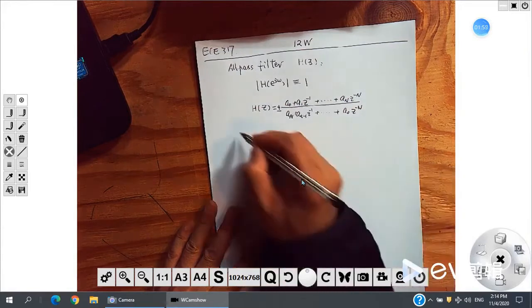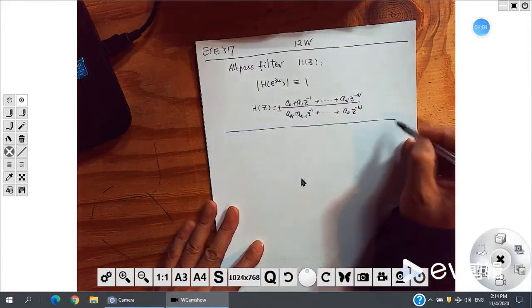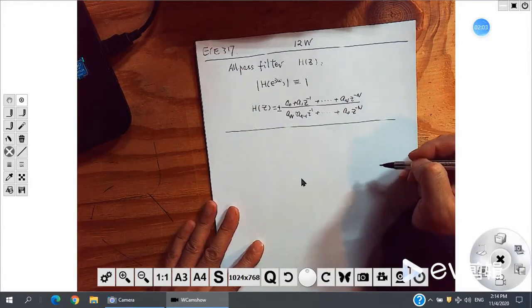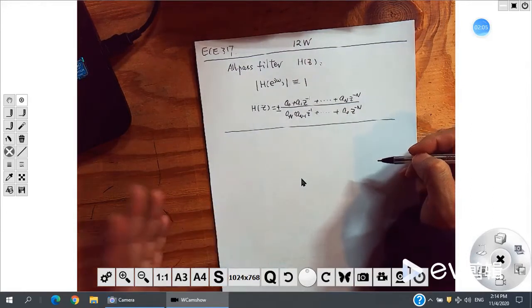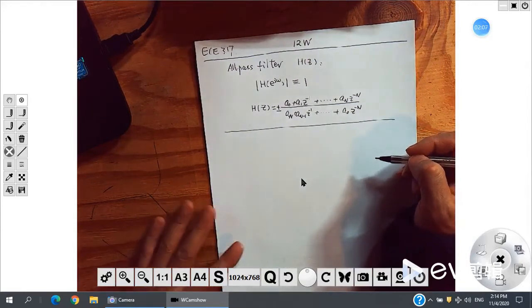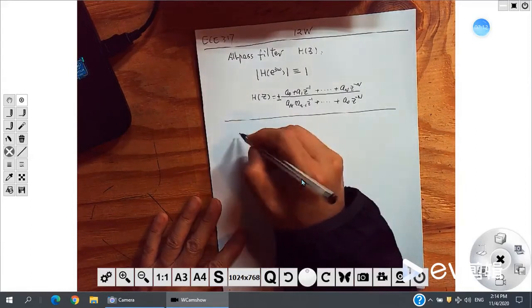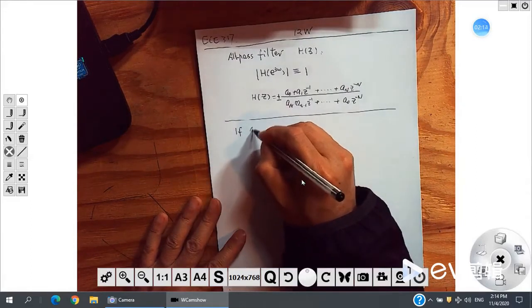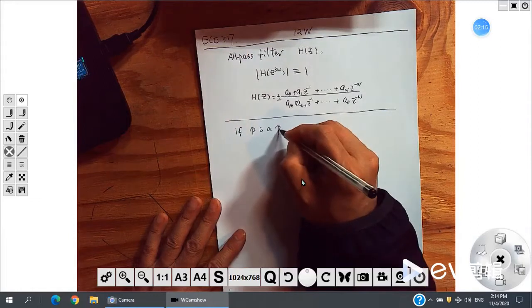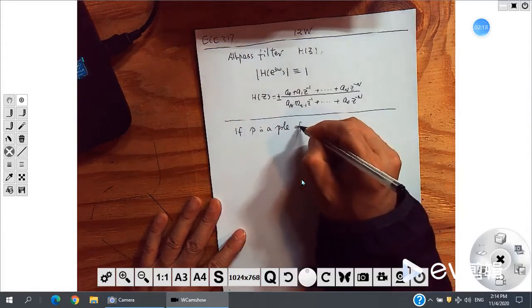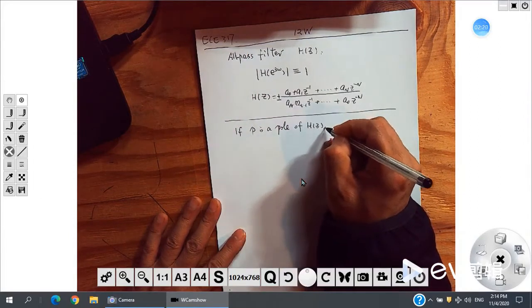Okay, so this is an all-pass filter. For the all-pass filter, it's a very good property about the poles. If P is a pole of H of Z, then what will happen?